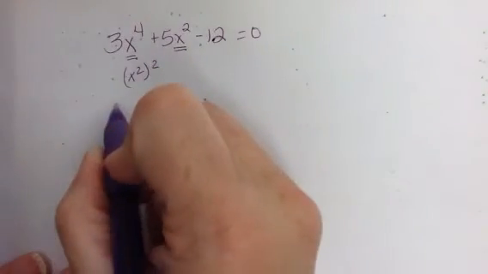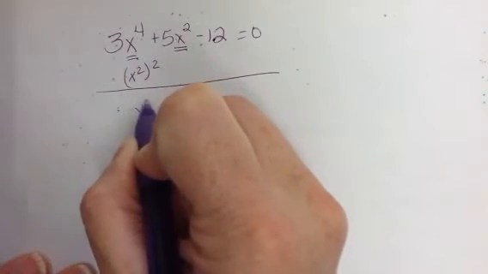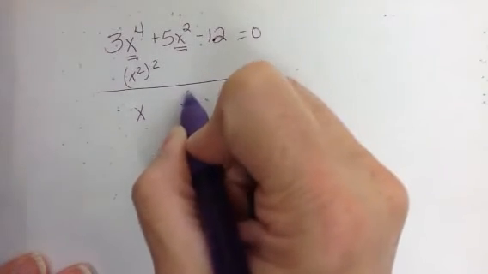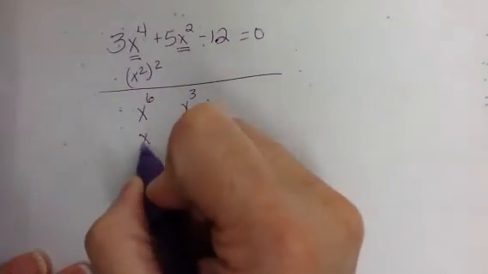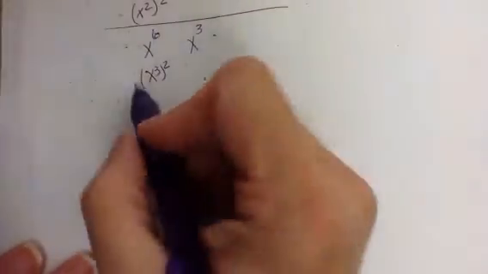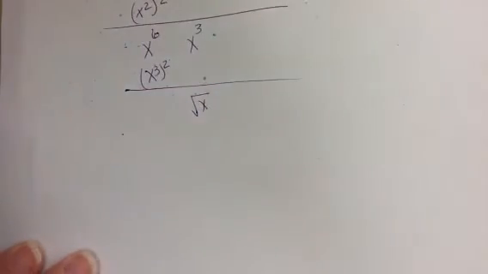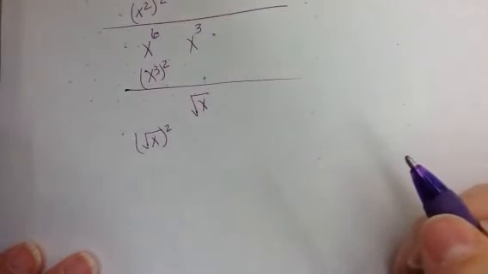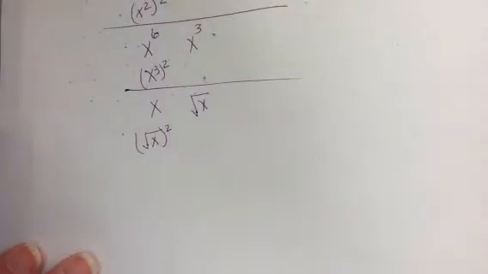If we had an x to the third in the middle, it would have an x to the sixth in the beginning, because x cubed squared gives you the 6. You could have something like the square root of x here. If we take the square root of x and we square it, a square root squared, they cancel, so this is just an x.